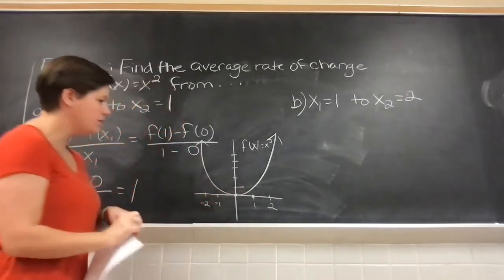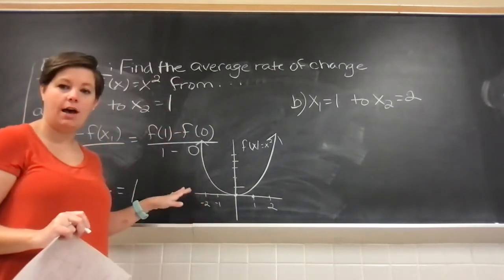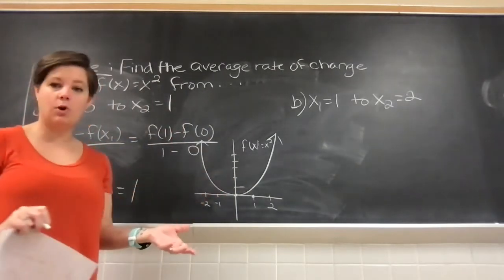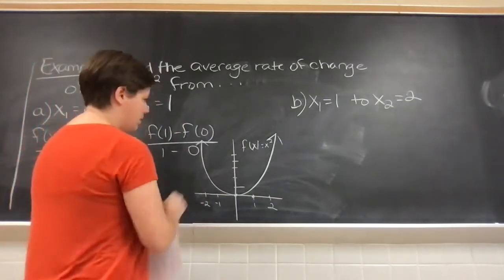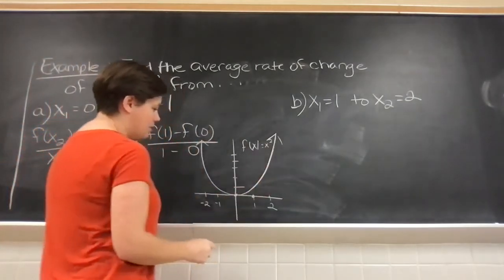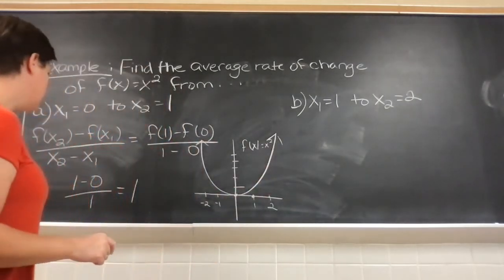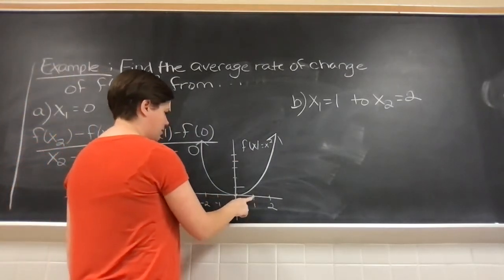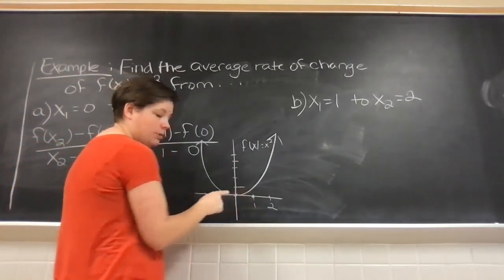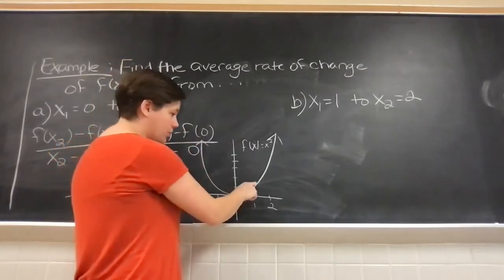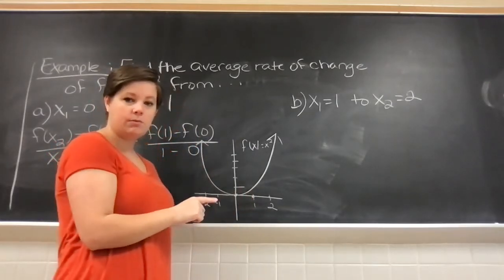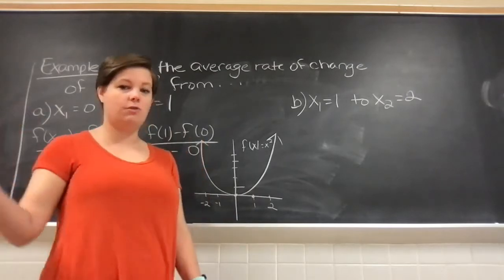Okay, so here's a very basic graph of what f of x equals looks like. It's a quadratic, it's a parabola. So it does this. And so what we just found is that the average rate of change in this function from the point 0 to 1 is about 1. So the slope, if we could find the slope of this curved section, it would be about 1. And we would use a secant line just like we drew over there.